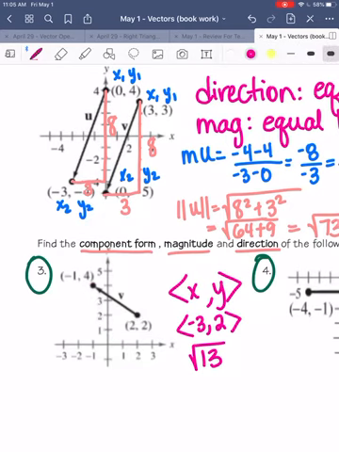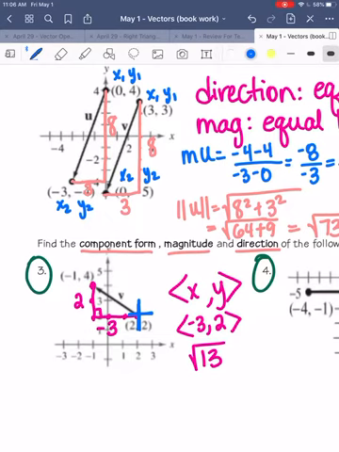If you were to draw a little X and Y axis right here, I think that would be helpful, because here's the thing. It's not in standard position, meaning it's not sitting right here. If it were sitting right there, you could tell it's clearly in quadrant 2. So my suggestion is to always think about drawing an X and Y axis right there at the initial point.